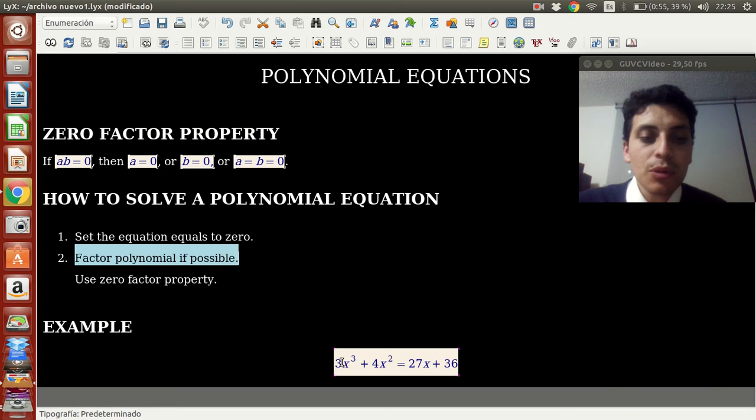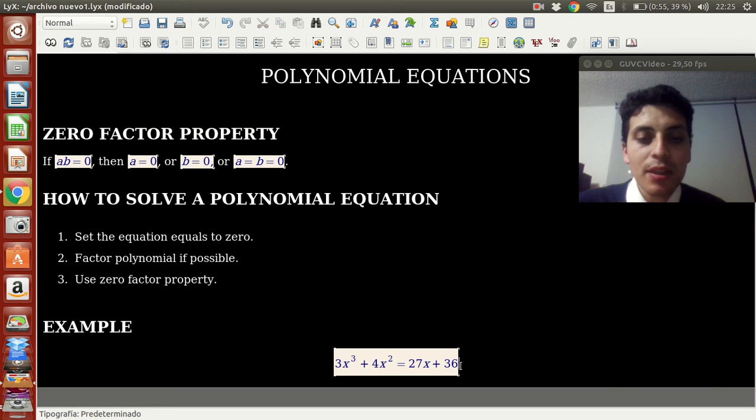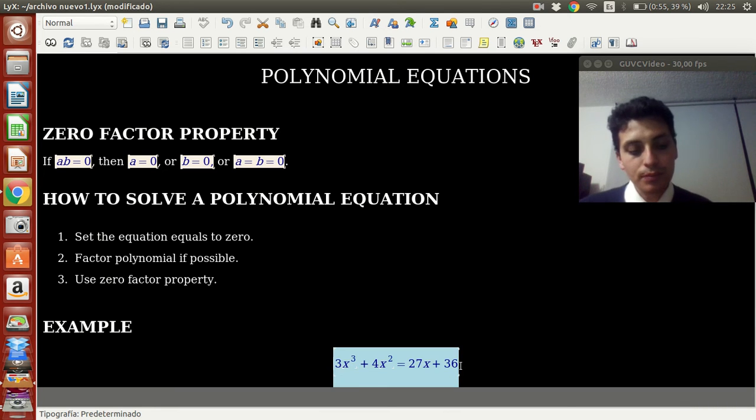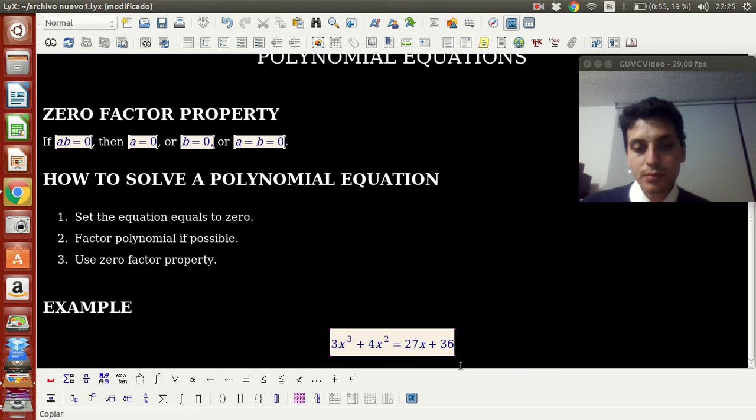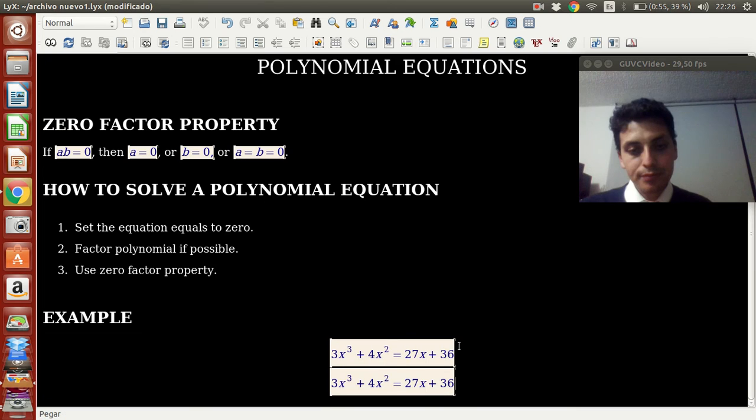So let me show you the example. The example is 3x cubed plus 4x squared equals 27x plus 36. We're going to set the equation equal to 0 first. How?